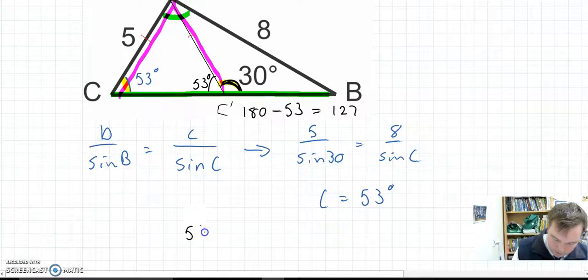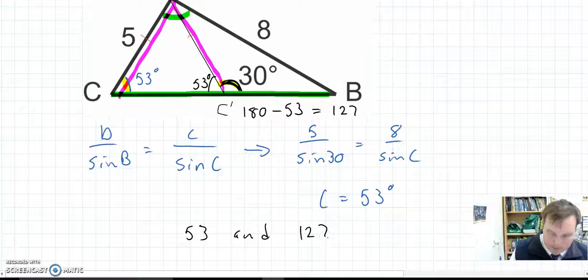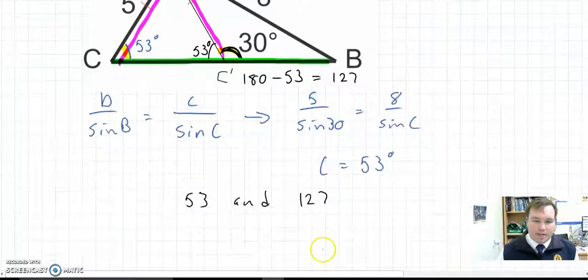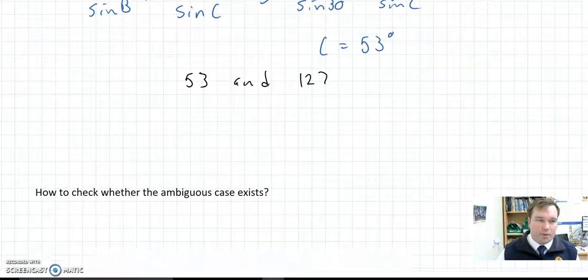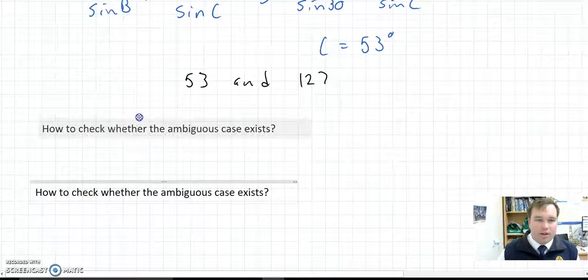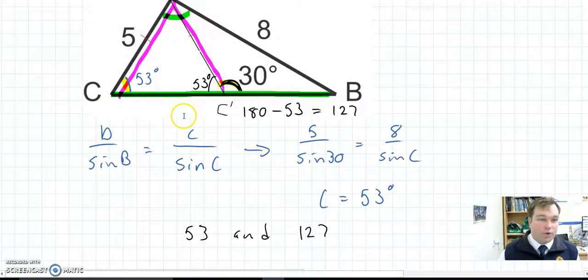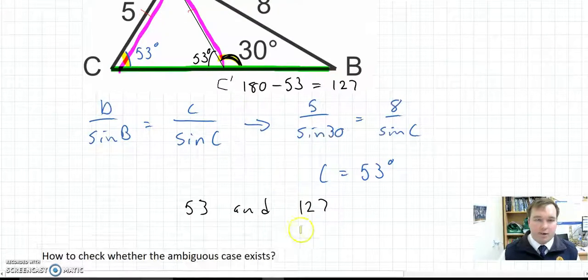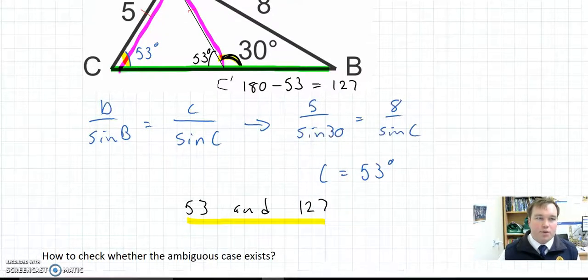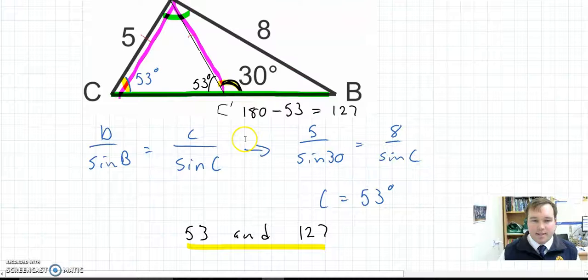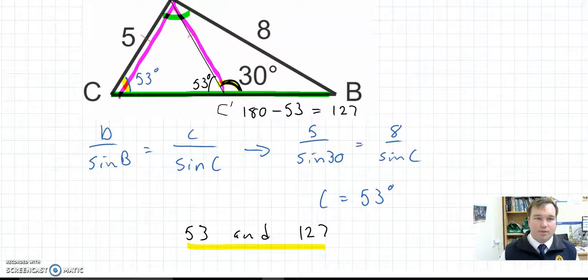Now, the ambiguous case doesn't always exist. So how do we check whether it exists or not? Using this sort of logic, or using other methods in the calculator, you can come up with two solutions all the time. The trick is that the two angles you have can't add up to more than 180. So if we have 53 and 30, that's less than 180, so that's fine.